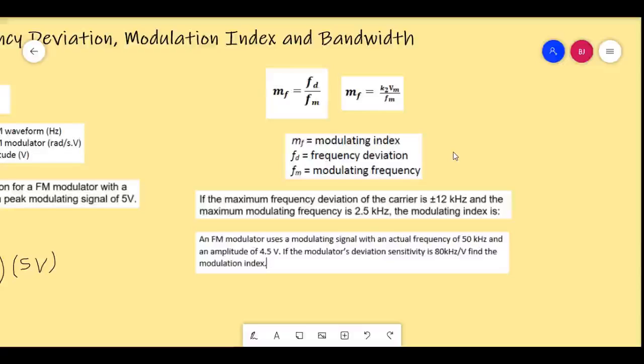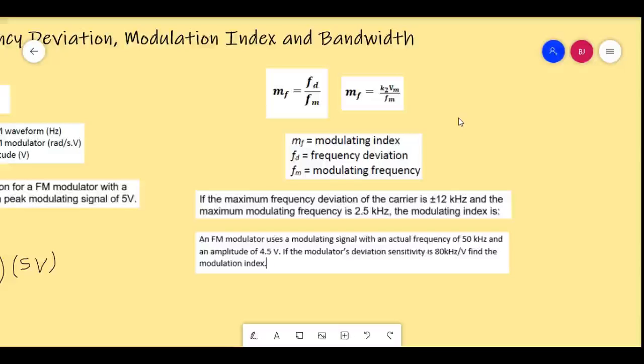But there are times that, in lieu of the frequency deviation, the FM modulator deviation sensitivity and the modulating signal voltage or amplitude are the ones given. So we will be using the previous problems as a way to determine frequency deviation.